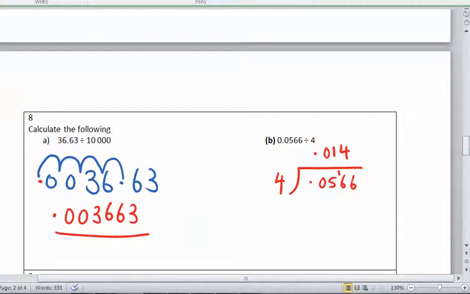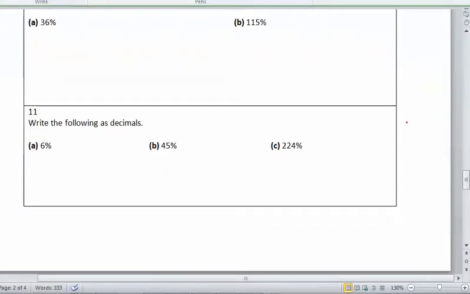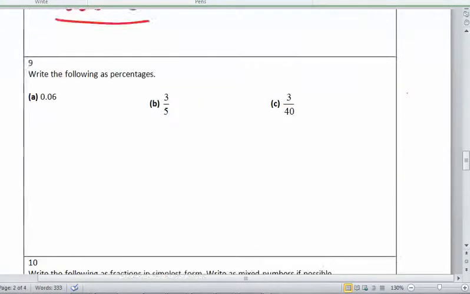And 4 goes into 6. 4 goes in there 5. Is that your answer? Okay. Long division. Some of you need to work on it. Girls at the back, shh. We've got 6 minutes to get through those questions.